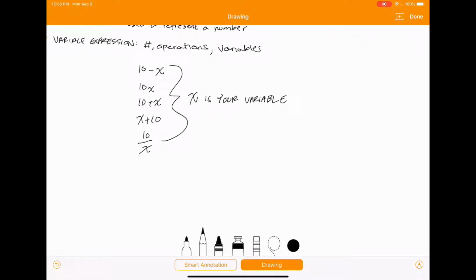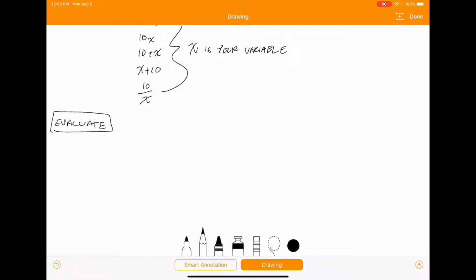And then oftentimes you'll be asked to evaluate a variable expression or just evaluate an expression. And what it means by that is that you're going to substitute a number for your variable and then perform the operations within that expression and get a final answer.